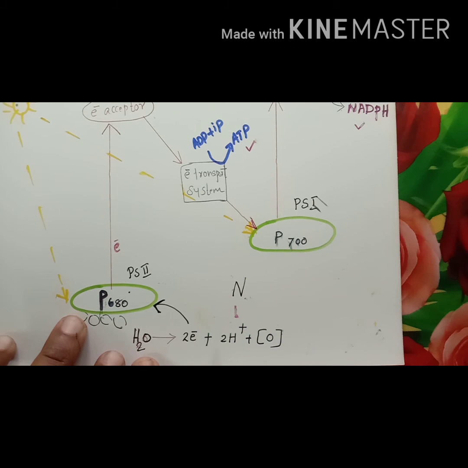So this water is split and releases 2 protons, 2 electrons, and oxygen is also released, and that oxygen will be released as the end product of photosynthesis. And the electron will enter into pigment system 2.